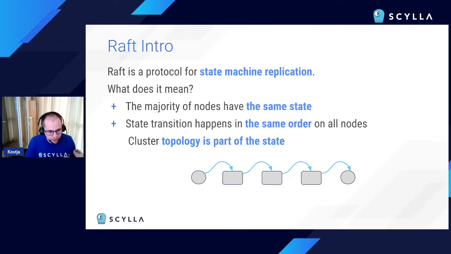Essentially, every agent in this setup first persists the changes in its log locally, and then applies, at some point, the committed changes to the local state machine. In terms of Scylla, that kind of replicated state is schema and topology information, and the log that we use is just the local tables on every node that would store the topology and schema information before this information is being applied.